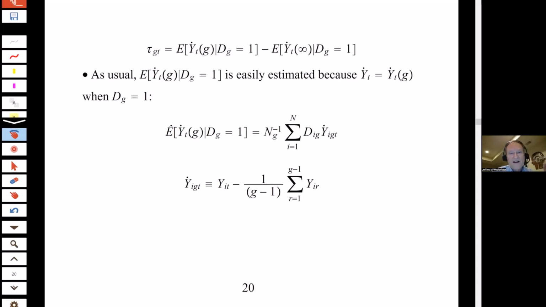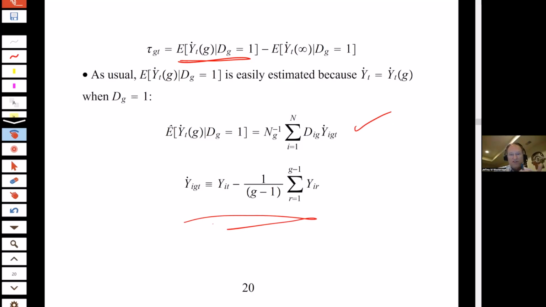Now, how are we going to use the assumptions to estimate this? Well, this one is easy to estimate because it is the potential outcome for first being treated in period G, and we want to average over that cohort. So we actually observe this whenever we need to, and that is just a straight average. In period T, we look at the cohort G, we average their outcome, but the outcome is this transformed thing.